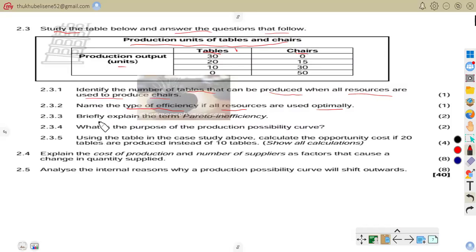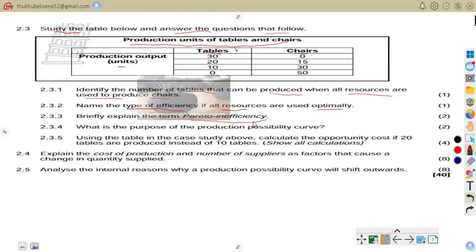2.3.3 says, briefly explain the term Pareto inefficiency. Pareto inefficiency is whereby resources are not used in the best way.